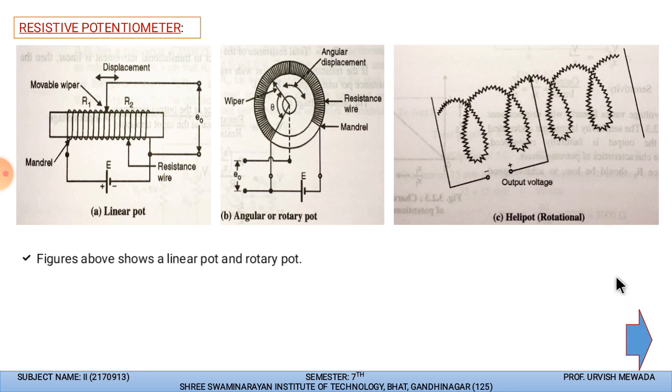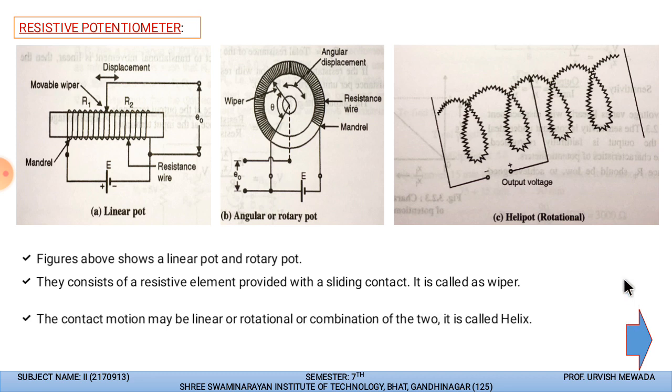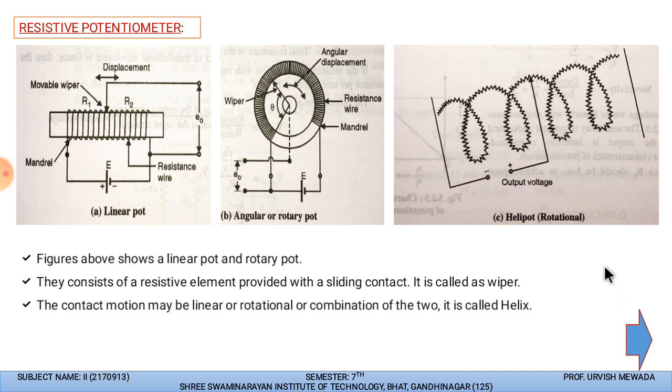So basically the above figures are the linear pot and rotary pot, and they consist of a resistive element which provides a sliding contact. As I already discussed, the sliding contact or movable arm is called a wiper, a movable arm on which we can connect our movable object.